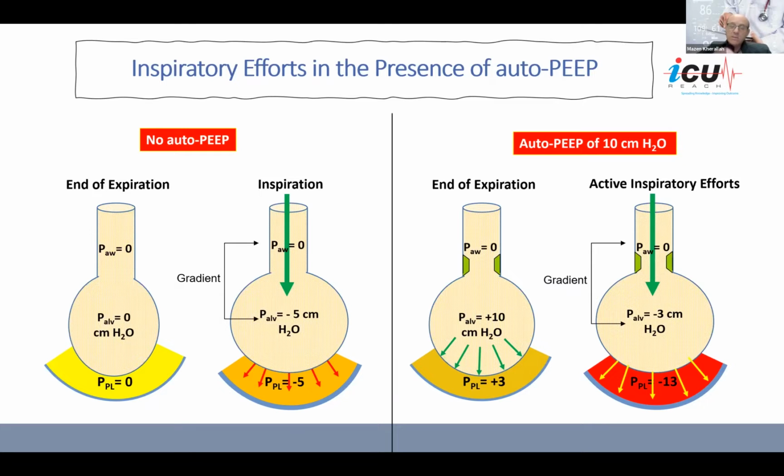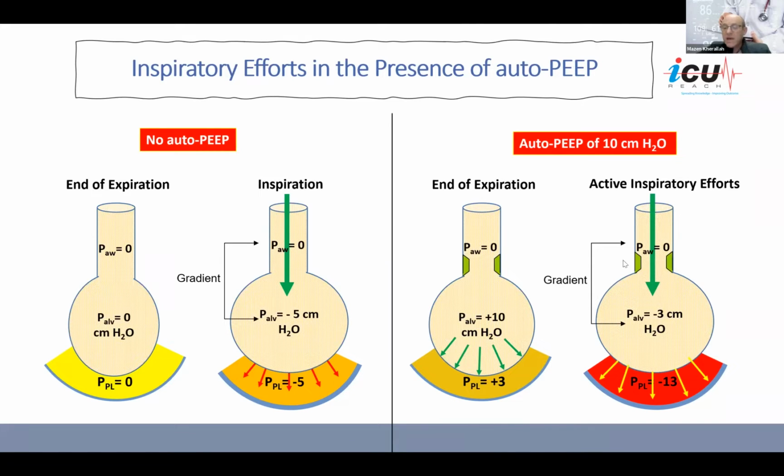So again, this is a very good question actually. The patient has to overcome that auto-PEEP first before generating any flow. So you're not triggering at all unless you go below that auto-PEEP of 10 in this example. And then after that, if you're setting it to be triggered based on the pressure, you need to drop the airway pressure.